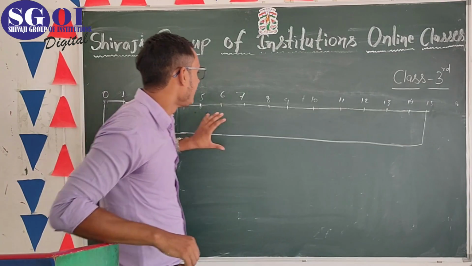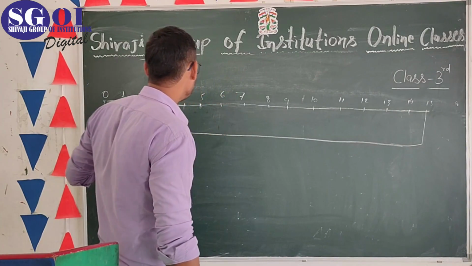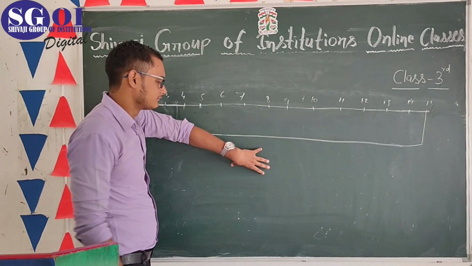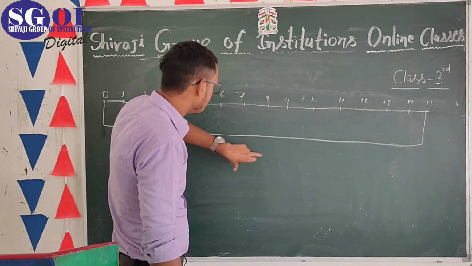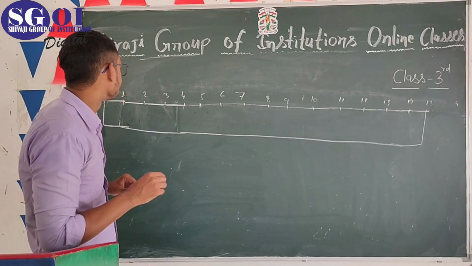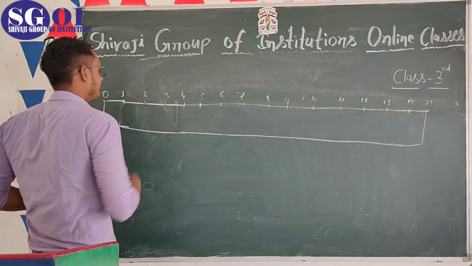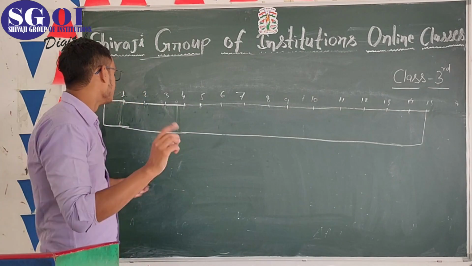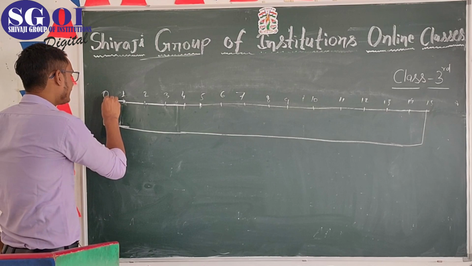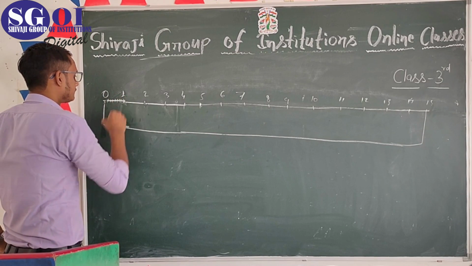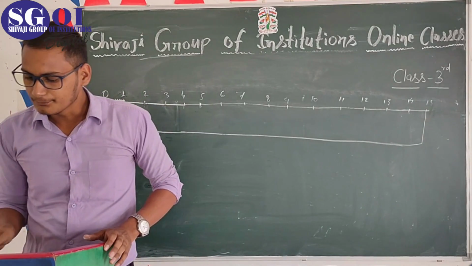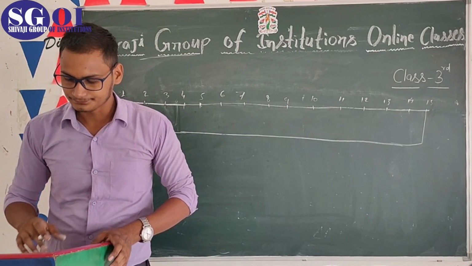So if we measure anything with the scale, then we put the scale on the thing and we measure the length. Understood? One more thing, each centimeter has 10 millimeters.